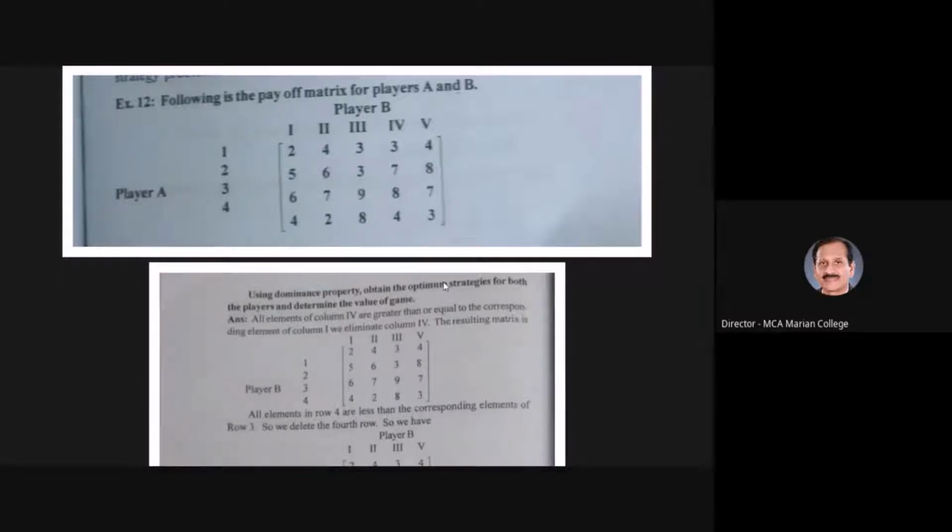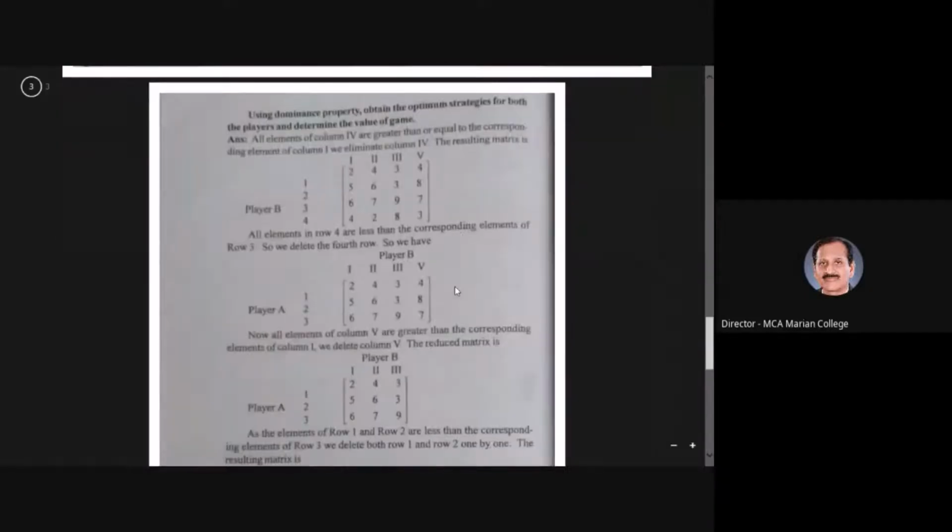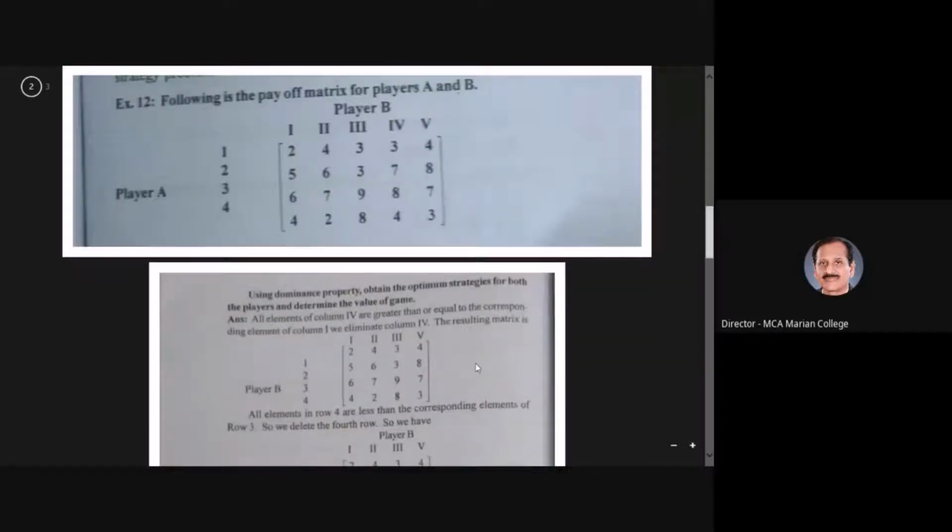That means there are 4 strategies for player A and 5 strategies for player B. And you have to find out the saddle point or the optimal strategies of player A and player B. So first of all, we can try with the maximin minimax principle. If you get a solution, that will be good.